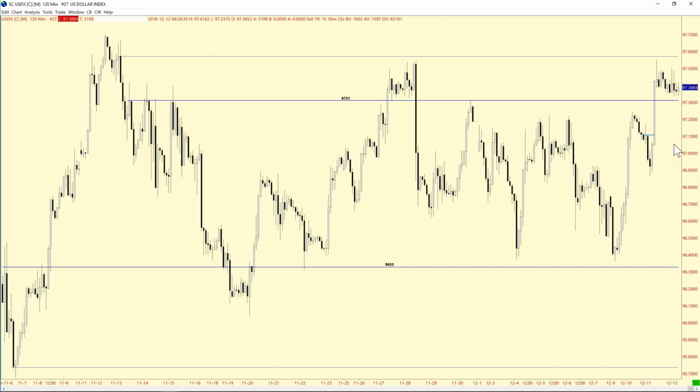Let's say we get a dip. That dip would take us down to 97.04. So that's where the support will come in, 97.04.